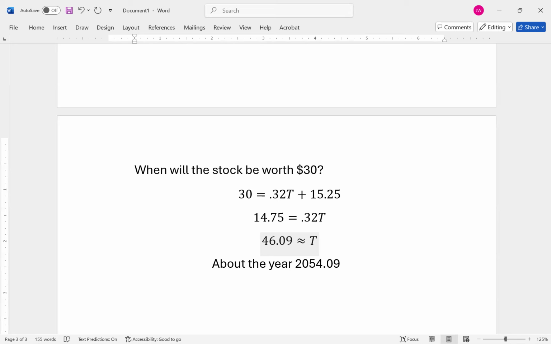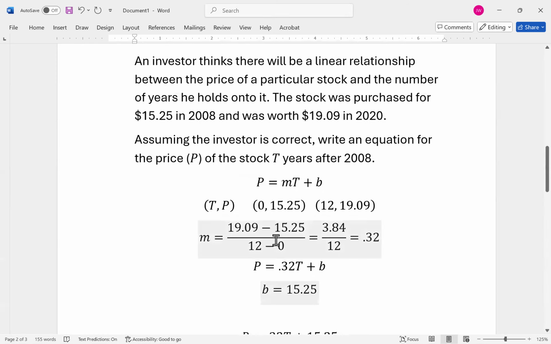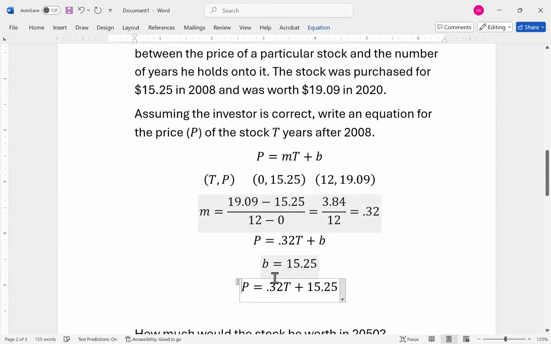So just a little bit after 2054. But again, be careful, T is time since 2008. That's how we can create and use a linear equation when I'm given essentially 2 points. And also this one shows that sometimes we're given our points in interesting ways, like having t be the number of years since 2008 rather than the t value just being the year.